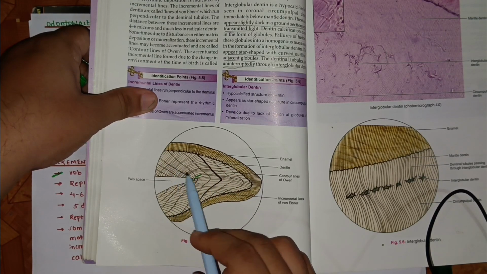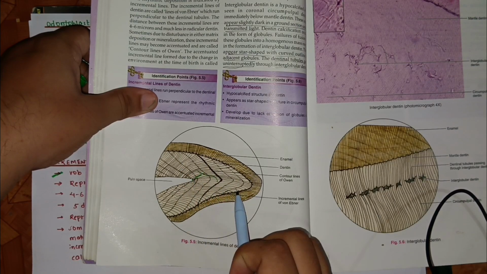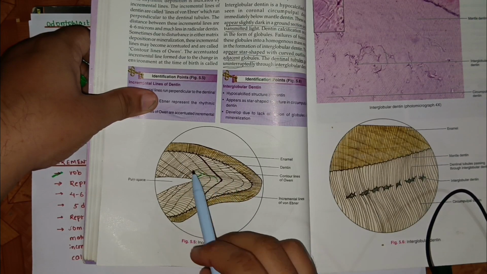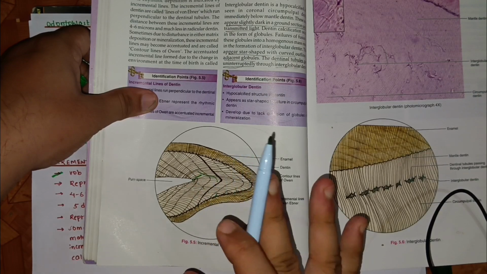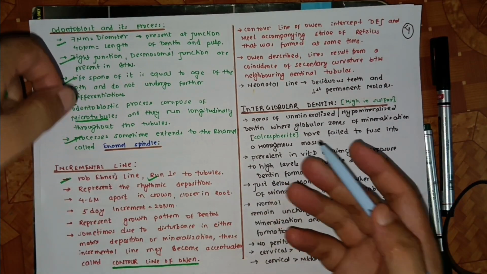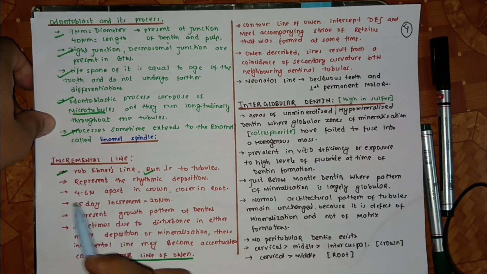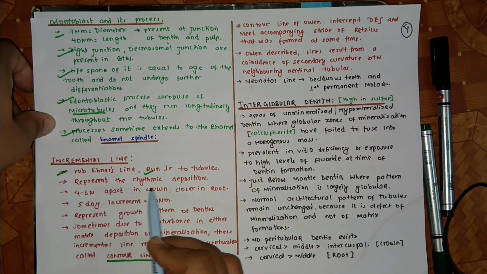Those lines running like this are the incremental lines of the dentin, or the incremental lines of von Ebner. The contour lines are the accentuated lines of the incremental line, representing rhythmic deposition.